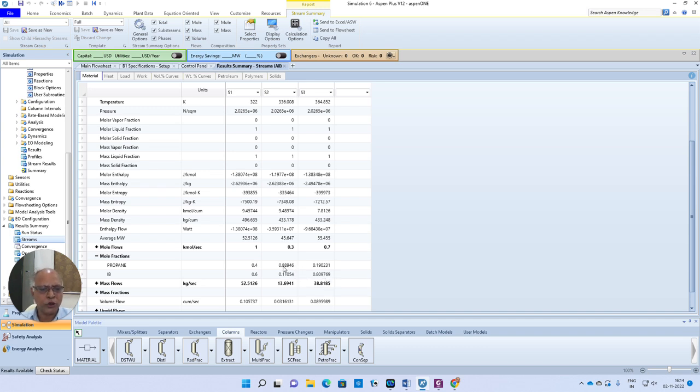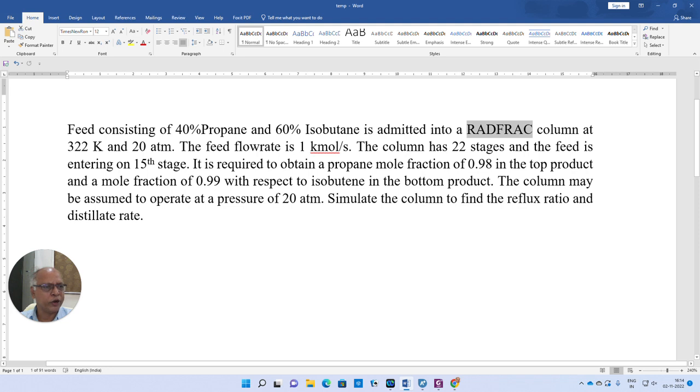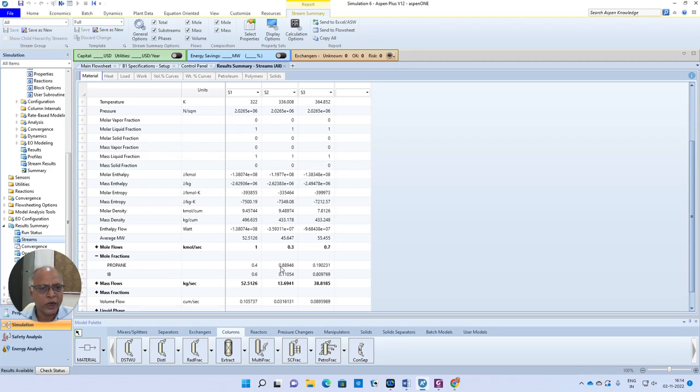Now you can probably use two design specifications in order to get to the required purities of the top product as well as the bottom product by manipulating certain variables. According to the problem, the manipulated variables are also given to you: the reflux ratio and distillate rate, which we started with a wild guess, which resulted in some purity. The purity happened to be about 88 or almost 89% propane and 81% isobutane in the bottom product.